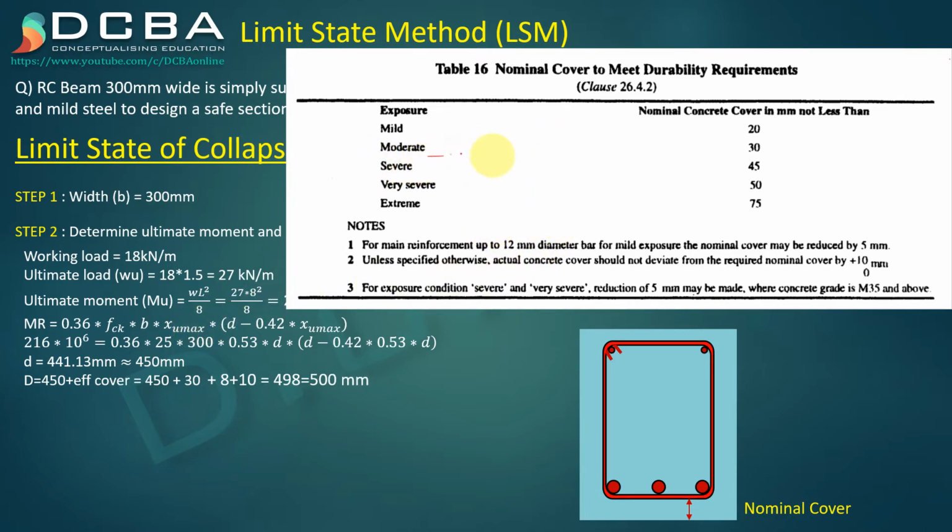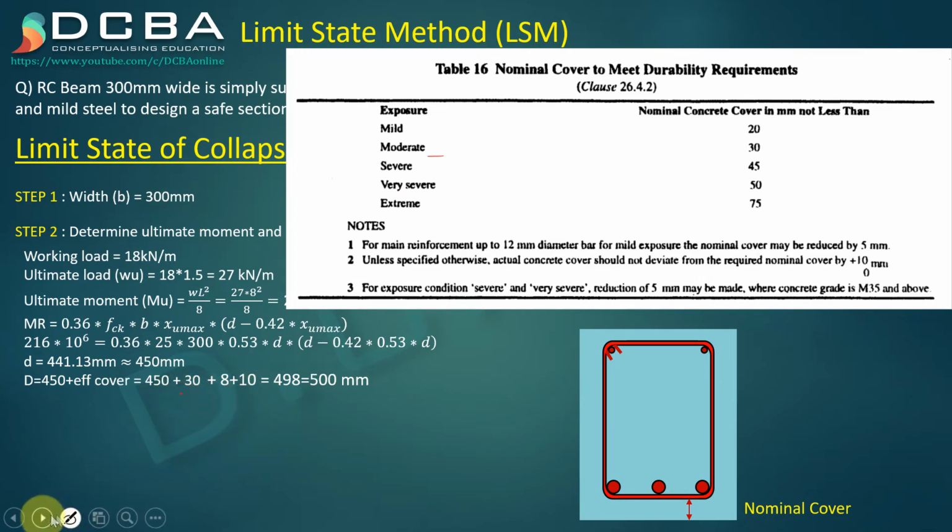It depends on what environment you are building your beam in. If you are building near a seashore, there will be a lot of salt coming in the breeze near the beaches. For that you cannot take moderate, you will have to go for severe, depending on the conditions given in Table 3.